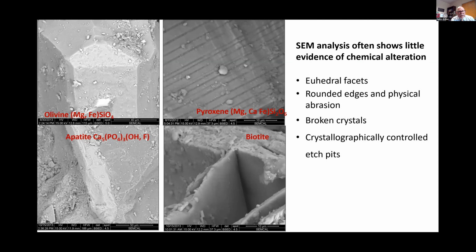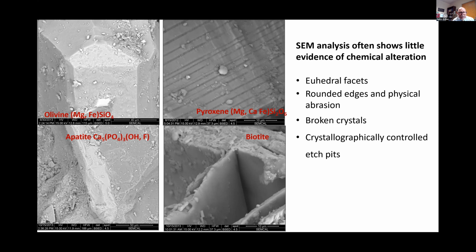And the other thing we did is Sue Welsh, who works with our group, took some sediments from the Fryxell Basin streams and looked at them under SEM. What you're looking at is some SEM images of olivine, apatite, pyroxene, biotite. And you can see these crystal grains are not very weathered at all. You can see euhedral faces on the olivines.